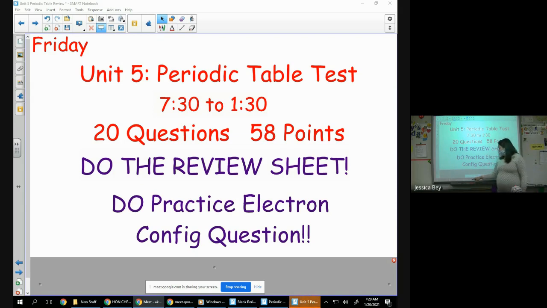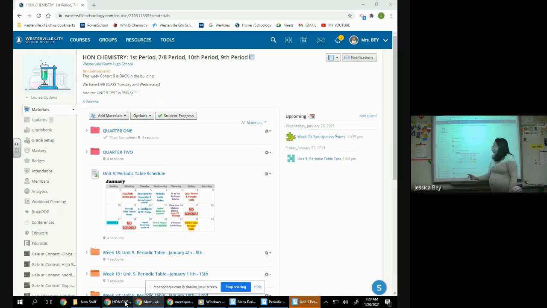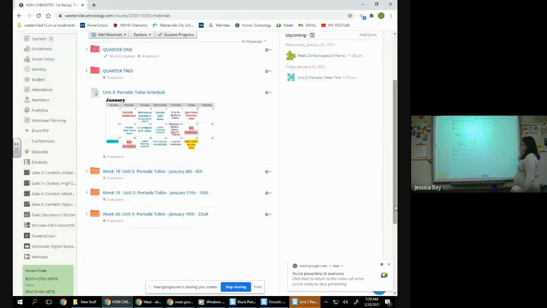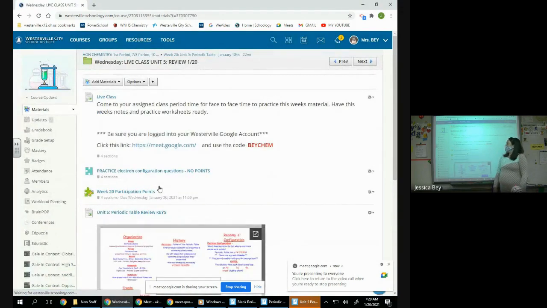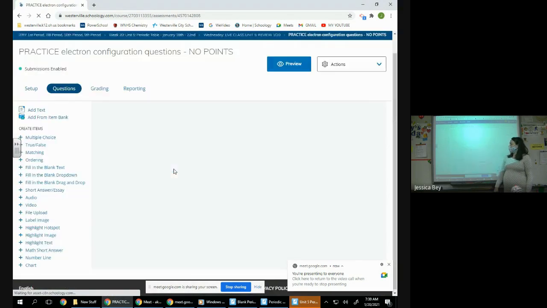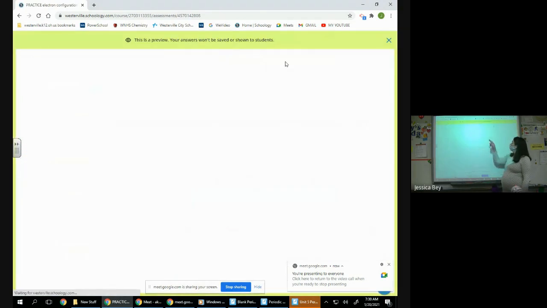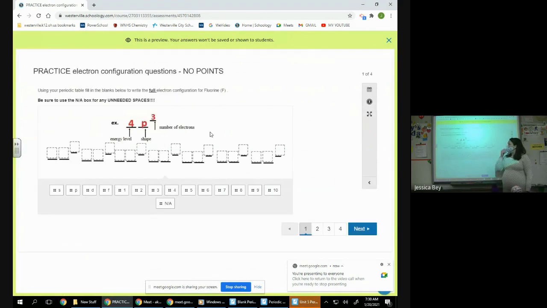So what I did, if you go into your honors chemistry class, week 20, this is Wednesday, it says practice electron configuration, no points. This is in the Wednesday folder. If you go into that, you have a preview here. There's no grade assigned to it. But for instance, this one says, please write the full electron configuration for fluorine.